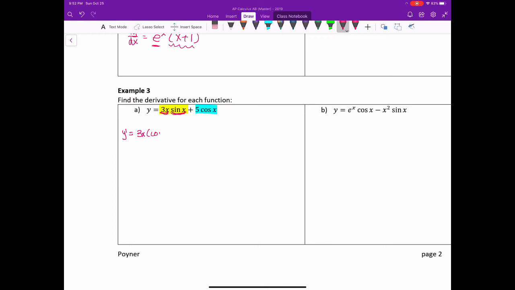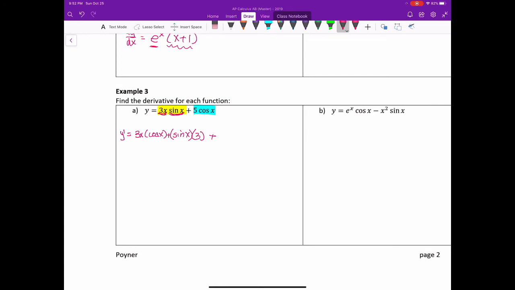That's going to give me cosine of x, plus the second function, sine of x, times the derivative of the first function, which is 3. Plus, now the second one, it does look like a product, but because it is a constant multiplier out in front, you do not need to use the product rule. It's just going to be 5 times the derivative of cosine, which is negative sine of x.